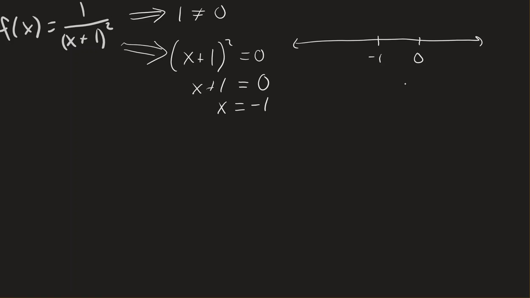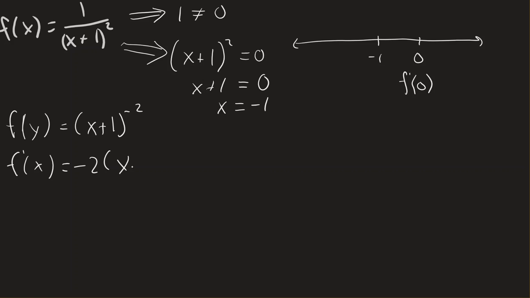Okay, so to actually figure out what's happening here, I will take a point to the right of this critical number, and I would like to plug that point into the first derivative. And if I rewrite this with the exponent rule, then I can just apply the power rule, bring the power down, lower the power by 1, and consider chain rule, but it's not needed there.